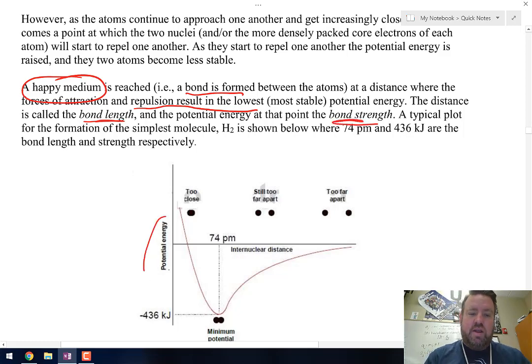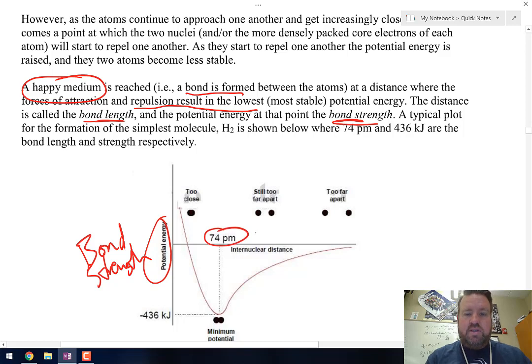So again, this over here is the bond strength, where up here, this number is what we call the bond length. A typical plot for the formation of the simplest molecule, hydrogen, is shown below, where the bond length is about 74 picometers and the bond strength is about 436 kilojoules.